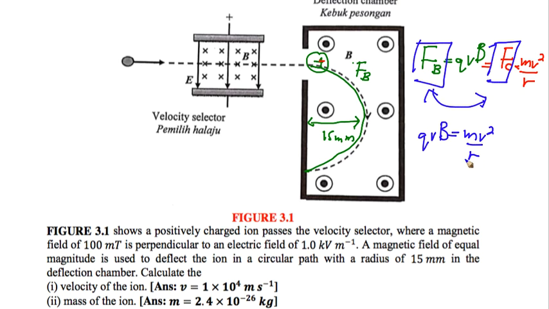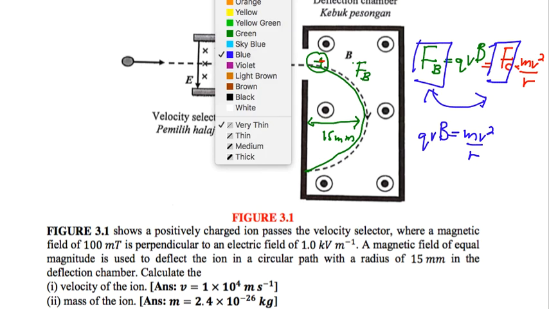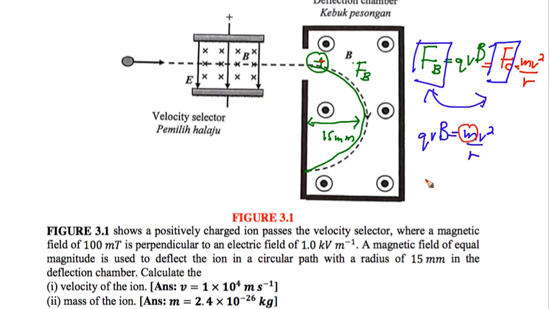Now the question asks you to calculate the mass. So what is the mass? The mass M is equal to QBR divided by V, because I can cancel V here, right?